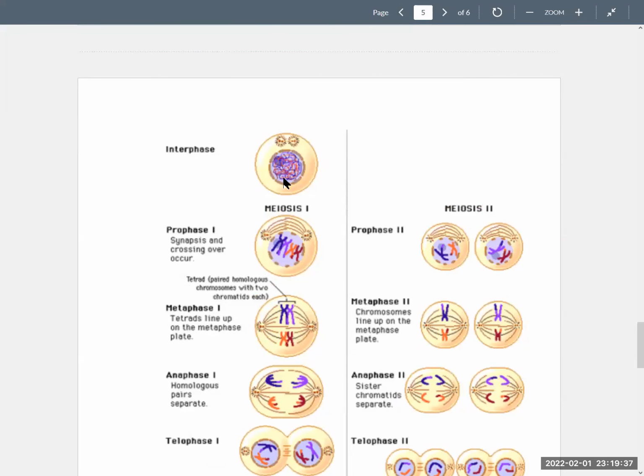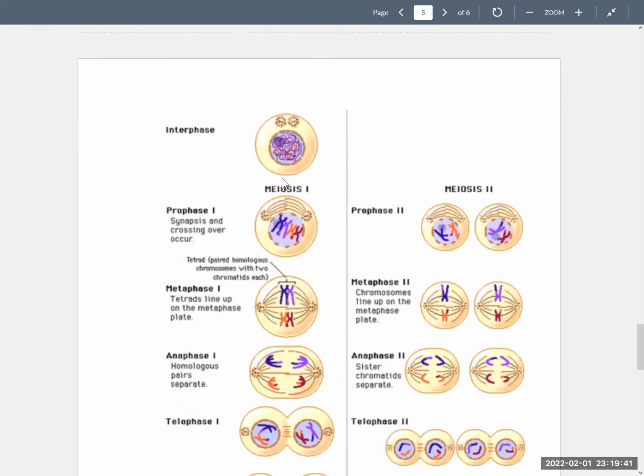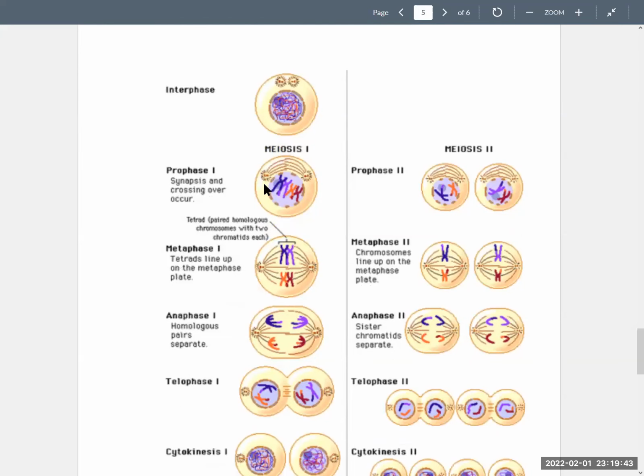Interphase cell, just like any other. Prophase 1, the centrioles move. And in prophase 1, the DNA is doubled. Each chromosome develops a second chromatid.